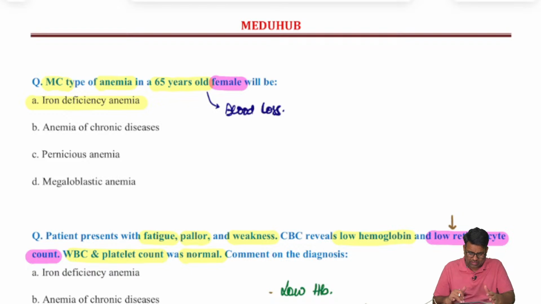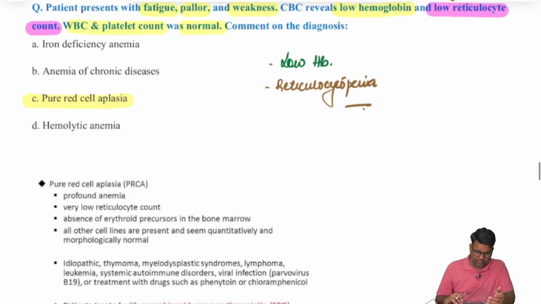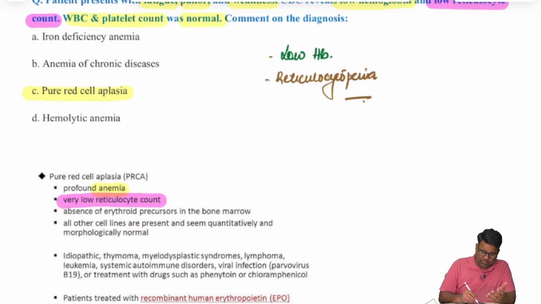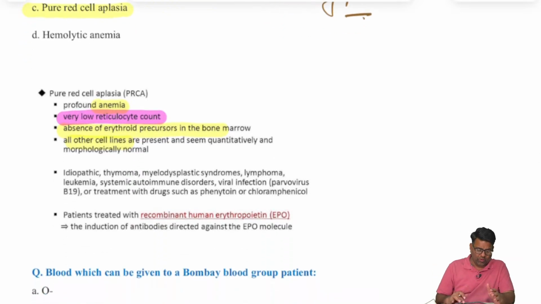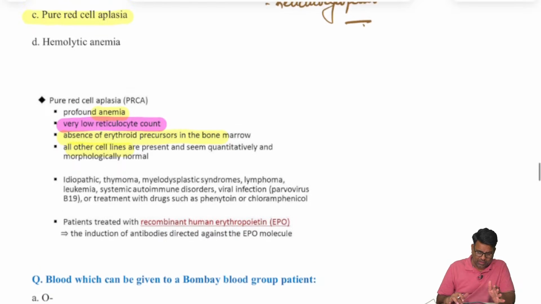So the classical case of pure red cell aplasia, and here there is profound anemia and very low reticulocyte count, that is reticulocytopenia, and there is absence of erythroid precursors in the bone marrow, and therefore the red blood cell line cells are less in number, that is reticulocytes, and also the mature RBCs. And all other cells are normal, that is WBCs and platelets, they are normally produced, right? So this is pure red cell aplasia, PRCA.